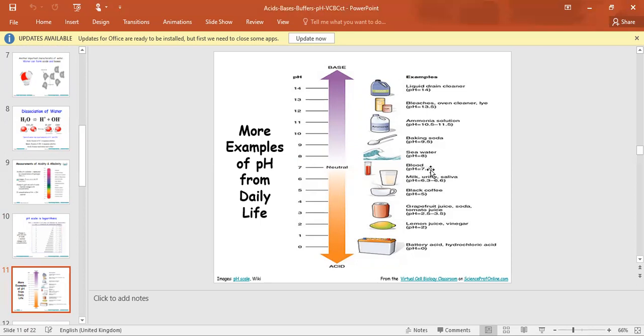Blood pH is 7.4. Milk, urine and saliva, pH 6.3 to 6.6. Black coffee, pH 5. Grapefruit juice, soda, tomato juice, pH 2.5 to 3.5. Lemon juice, vinegar, pH 2. Battery acid, hydrochloric acid, pH 0.